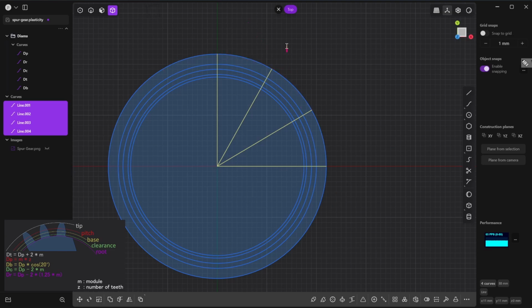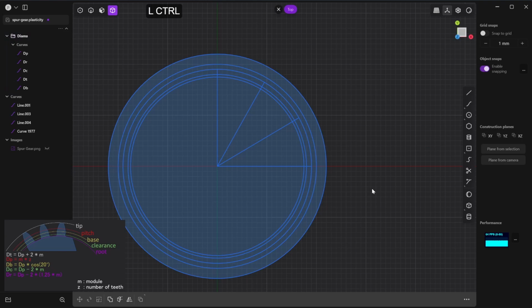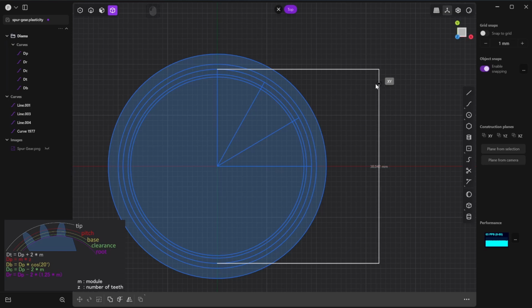The length of the circumference is calculated by 2 by pi and by radius. In our case, because we know the diameter, we'll just multiply pi by diameter, just 3.14 multiplied by diameter. Our base diameter is 38.042.